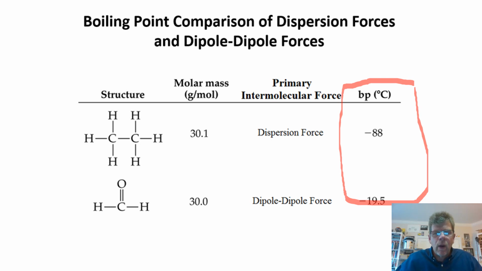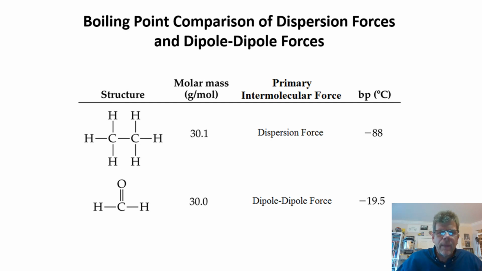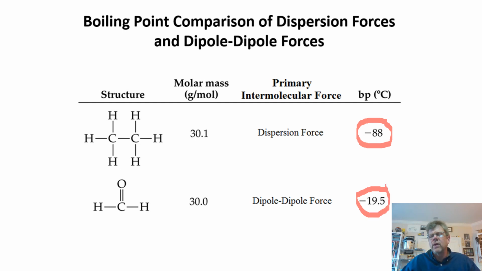So here now we see that difference, a huge difference. In the hydrocarbon, which only bears dispersion forces, we have about a minus 90 degrees Celsius boiling point. But in the similarly massed molecule, which bears dipole-dipole forces, it's about minus 20 degrees Celsius.